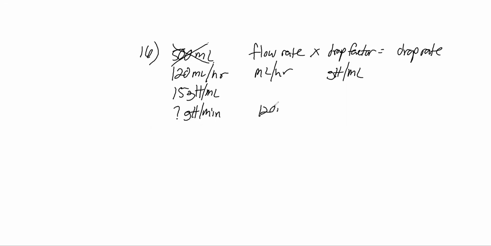So I have 120 milliliters per hour times 15 drops per milliliter. And the problem I have here is that it's in hours. I need it in minutes. So what I'm going to advise you to do is, you already know the answer to this. 1 hour is 60 minutes, right? You just swap that in. So 120 over 60 is 2, times 15 gives you 30 drops per minute.